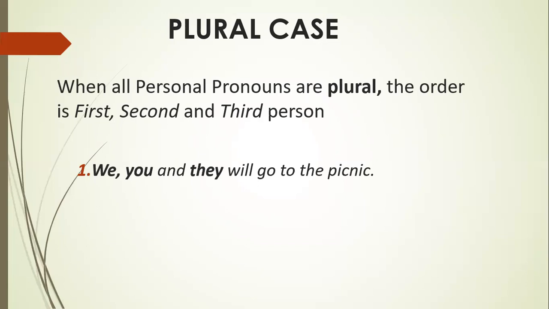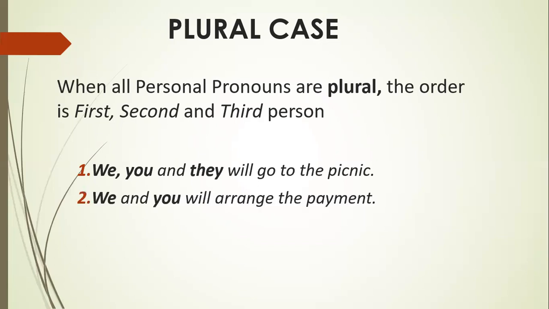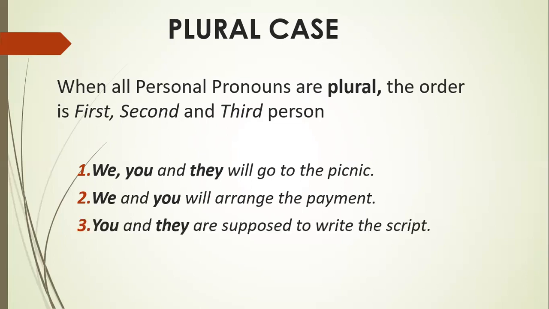Example 2: we and you will arrange the payment. You and they are supposed to write the script. So the plural case is easy to memorize: first person first, second person second, and third person third.